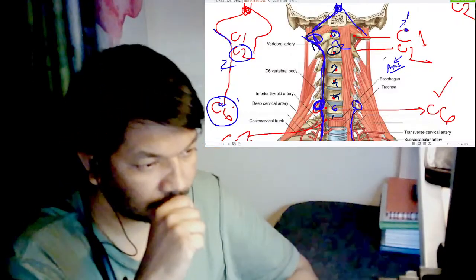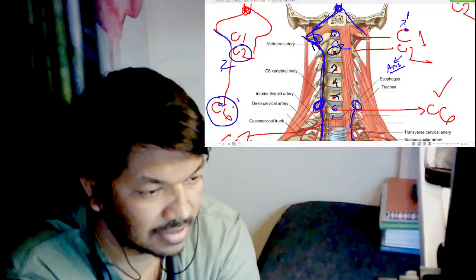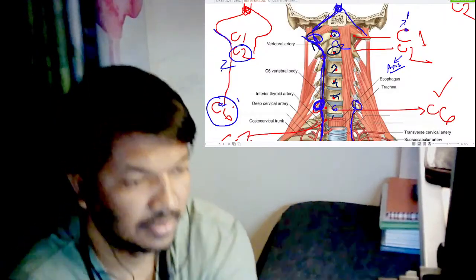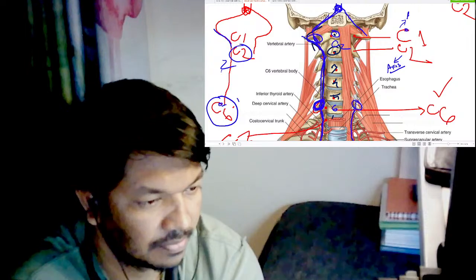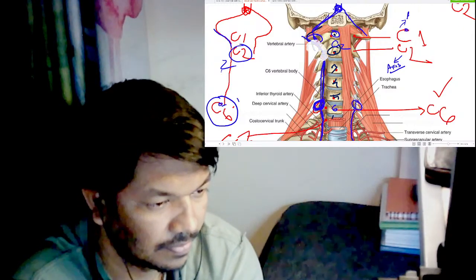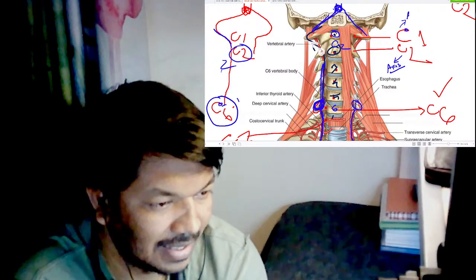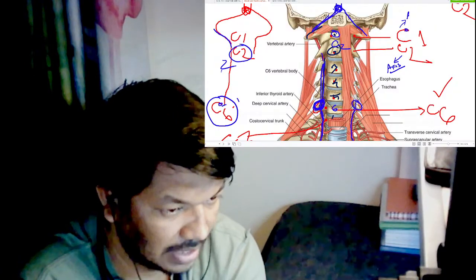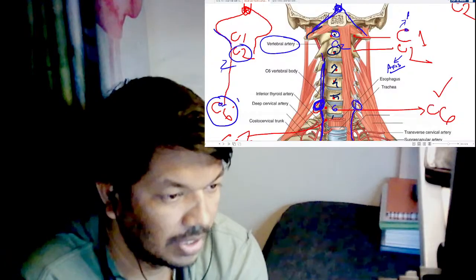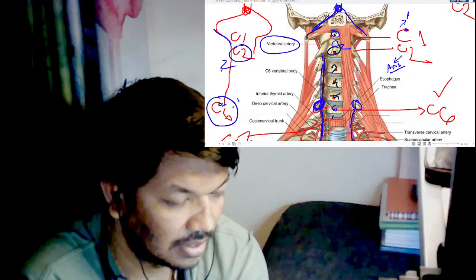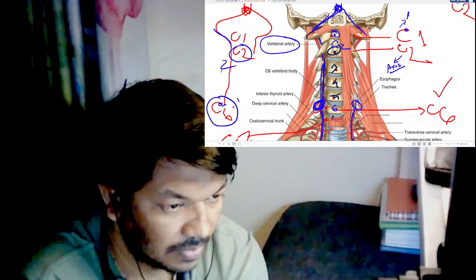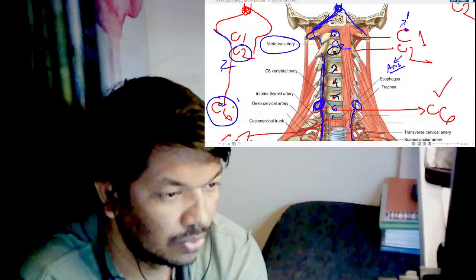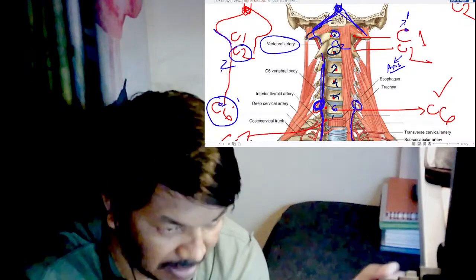So when it reaches the axis, it goes laterally. When it reaches the lateral surface of C1, at this level it again goes medially.